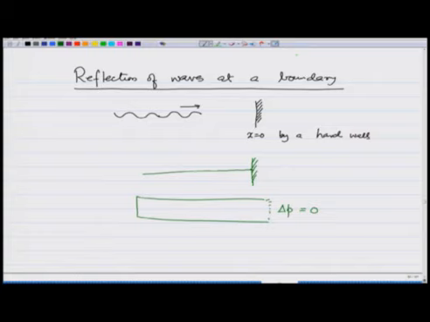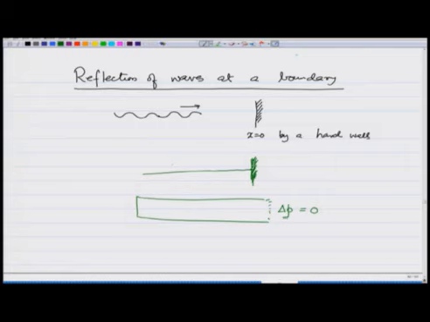It cannot sustain any pressure difference. So, the pressure out here is going to be the same as the atmospheric pressure, and that gives you delta p equal to 0. So, these are two things which are the same. That means, a string tied at a hard wall and an open ended pipe where the pressure difference would not be sustained. In this case, suppose there is a wave coming in.